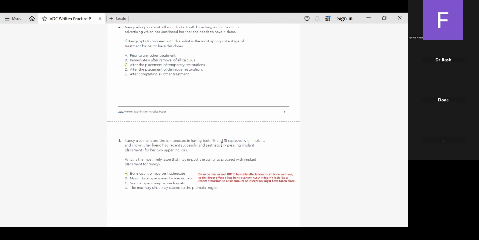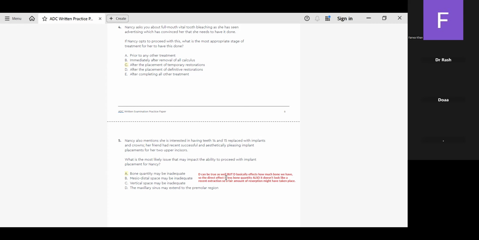She is interested in having teeth 1-4 and 1-5 replaced with implants and crowns. Her friend had it. She was happy. What is the most likely issue that may impact the ability to proceed with implant placement for Nancy? Now, the answer is bone quantity may be inadequate. All right. Now, why has this option been selected? Because certain candidates might say that option D also makes sense. Now, here in the explanation, if you see, D can be true as well, but D basically affects how much bone we have.